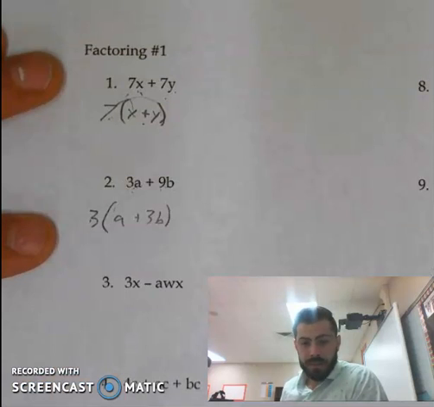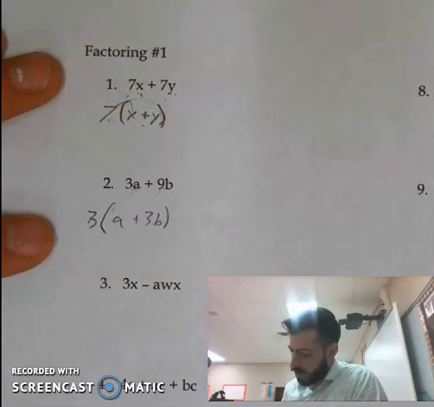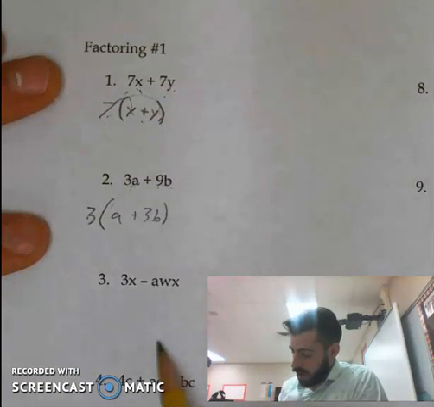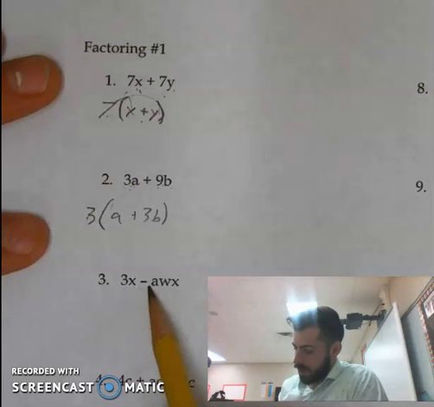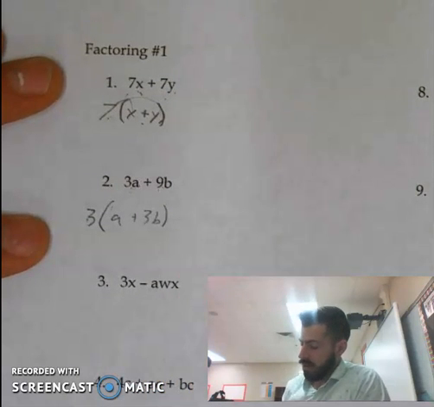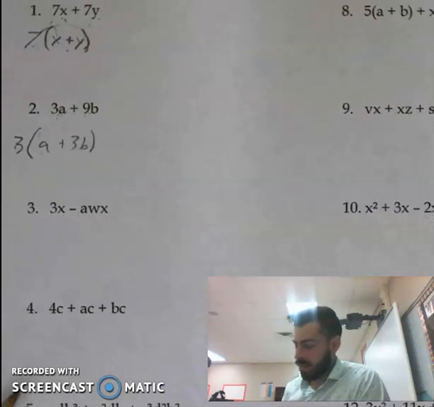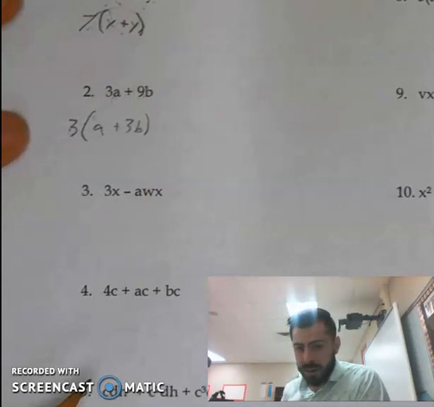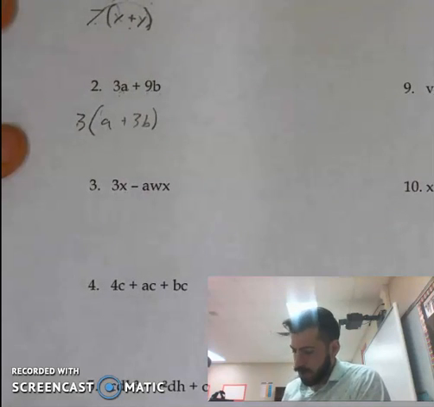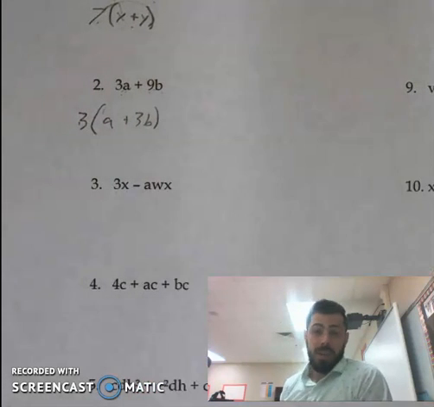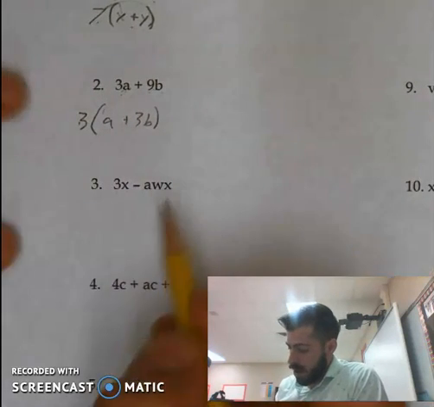Number 3 here, we can do the same thing. We say, all right, 3x minus awx. All right, so this one's a little bit trickier because we see that there's not a number that is common to both terms. So maybe, I guess we have to look for a letter.